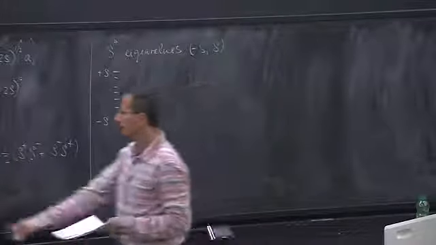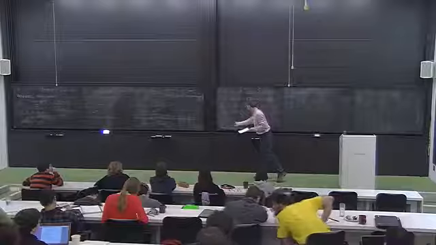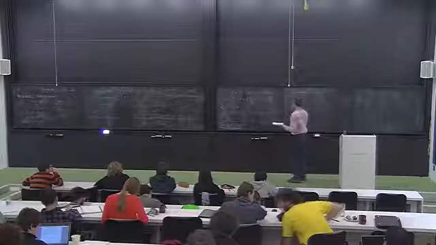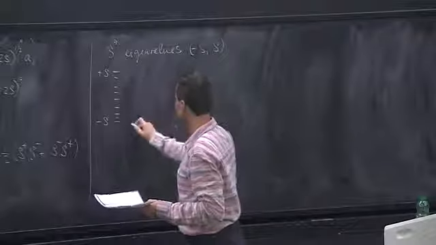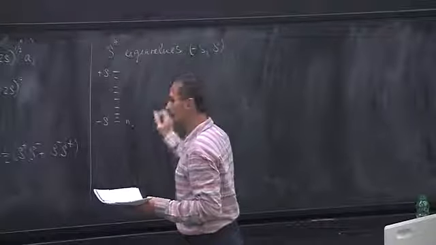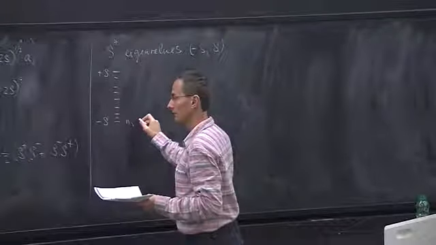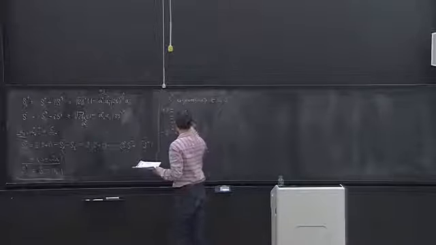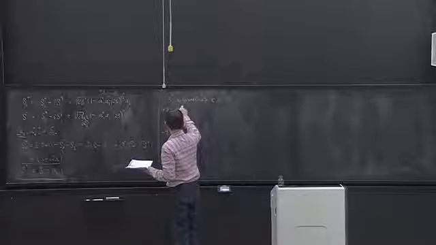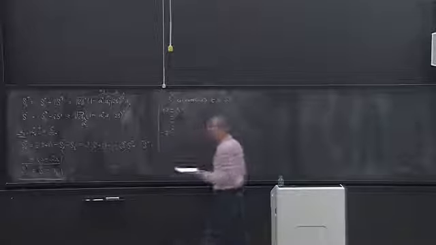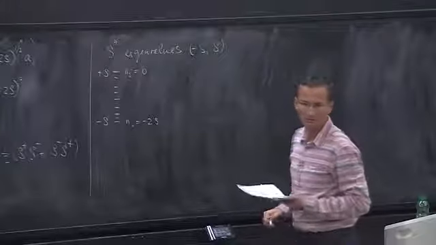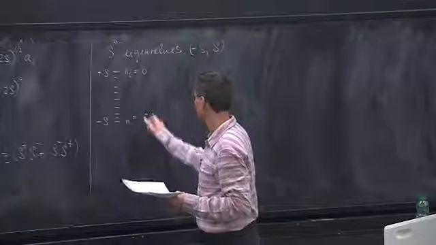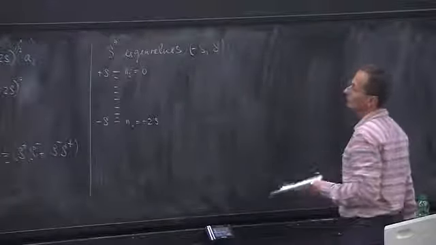And this corresponds to the number operator Nj that goes from minus 2S at this point, and at this point Nj is 0, right? Plus 2S, yes.